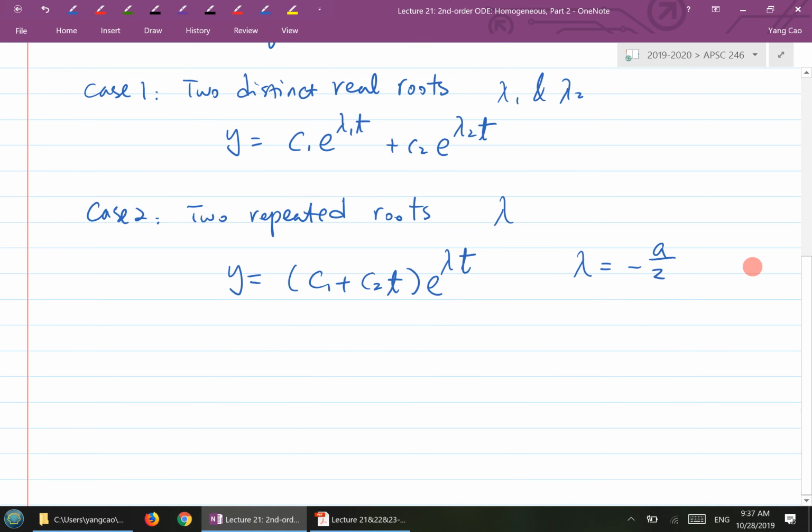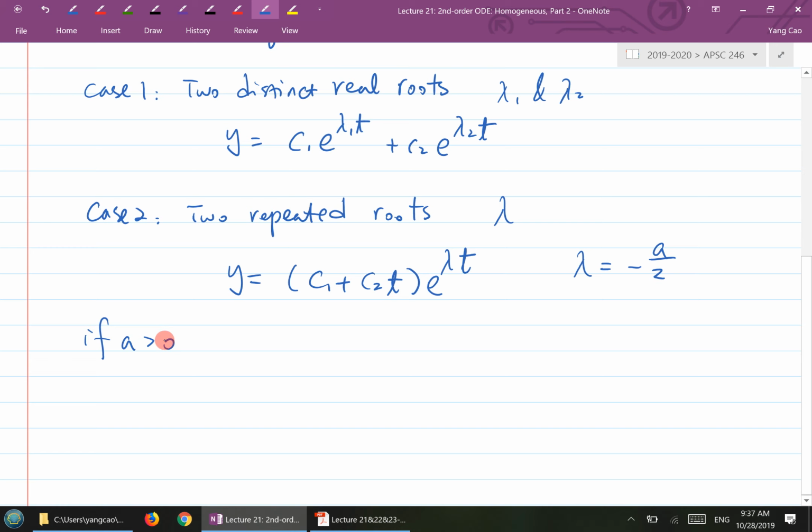So let's take a look at the situation for the value of a here. a could be less than 0, but let's consider the case when a is greater than 0.